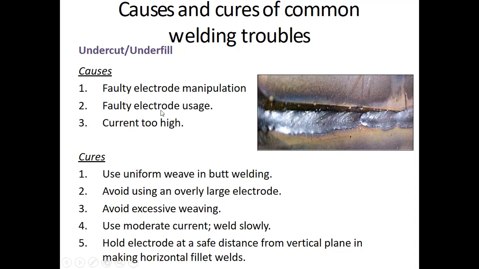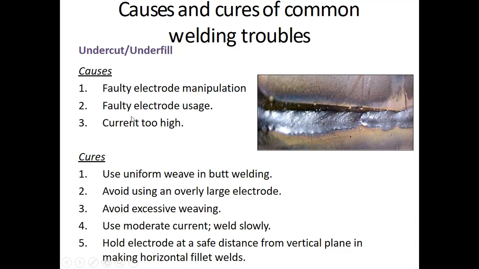Faulty electrode usage, the electrode chosen is not proper. That means, for example, the heat that was required, or the electrode size is less. The diameter of the electrode is less, so therefore it is not able to fill the gap properly.